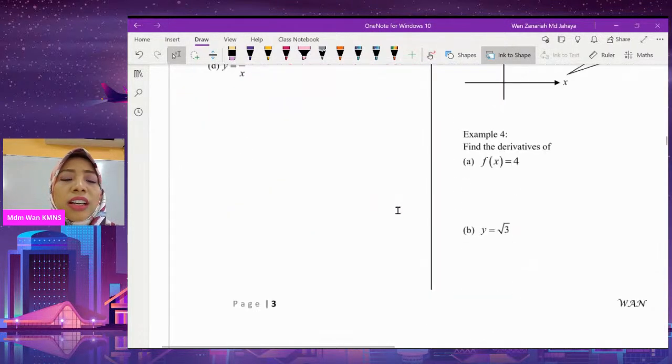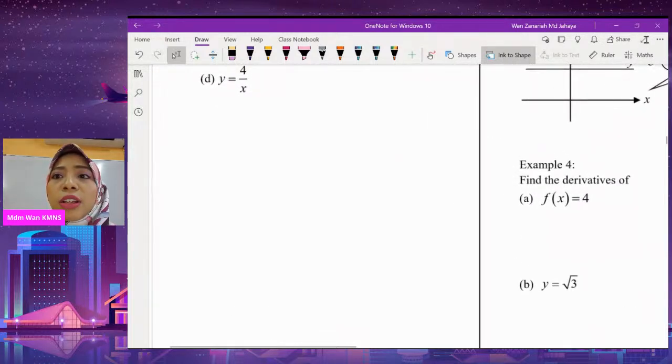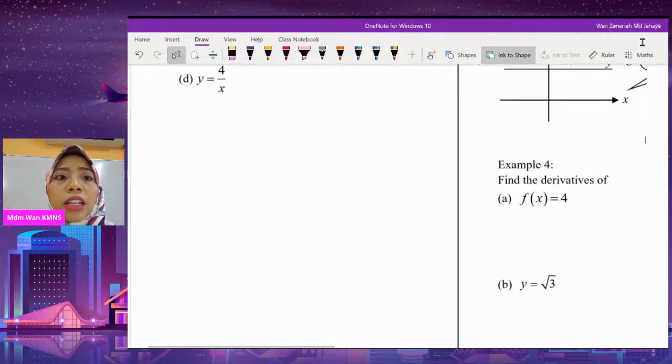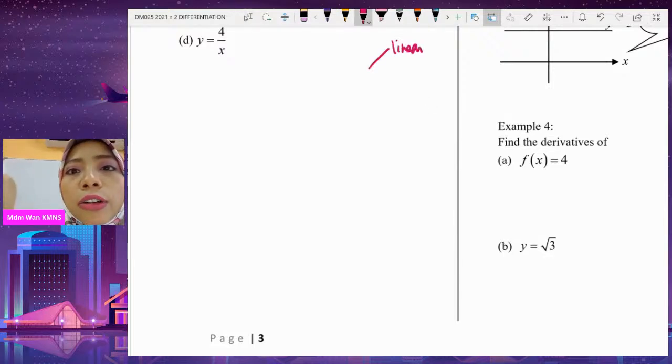So now, this is the last example. As I mentioned to you earlier, in your syllabus, you will be asked to find the derivative for a linear function, a quadratic function, and just now it involved linear and quadratic together, the combination, and then lastly the reciprocal function.